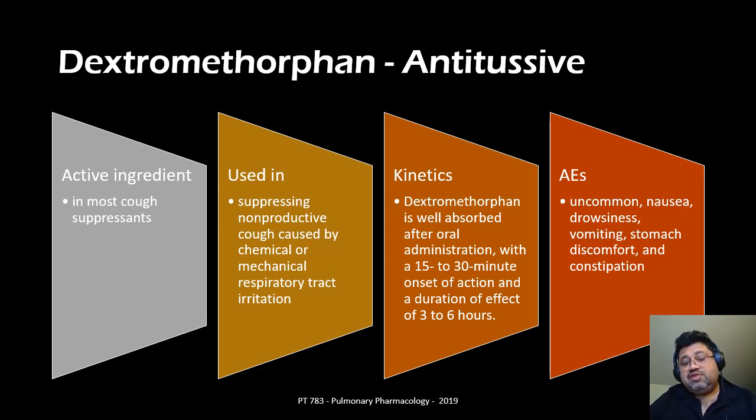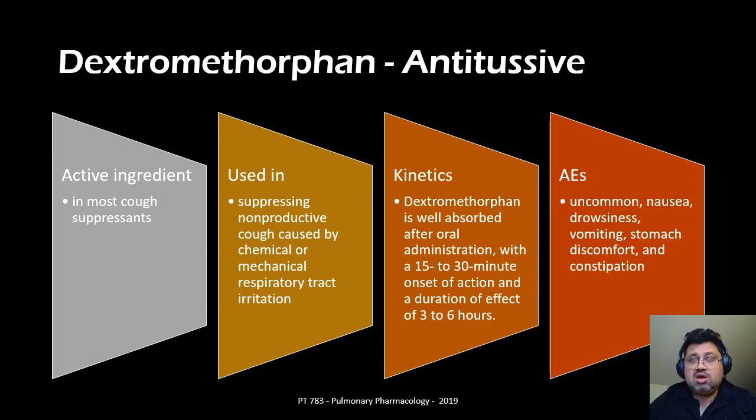The drug is delivered in the form of a liquid in a suspension. That is what cough syrups are. The maximum duration of effect of this drug lasts up to 5 to 6 hours. And in some people it can be less, but 5 to 6 hours we can find that drug to be effective. It should not be used repeatedly within 6 hours of administration. The adverse effects of dextromethorphan are mild.